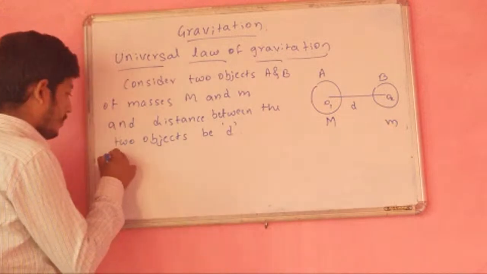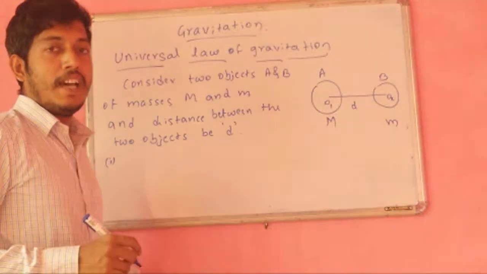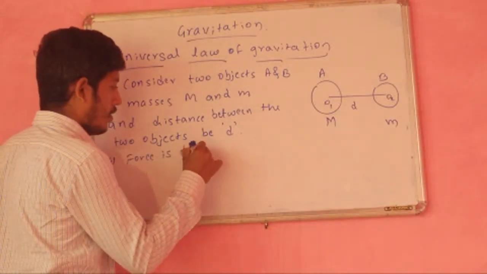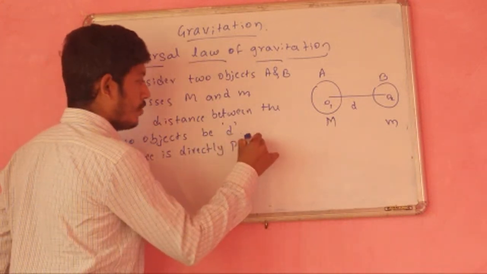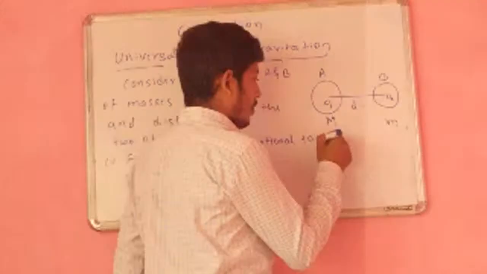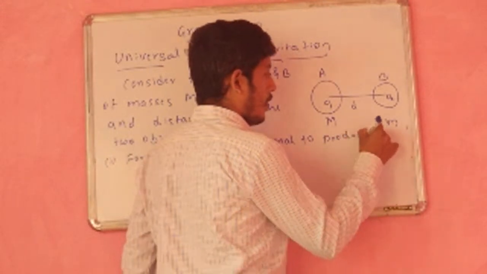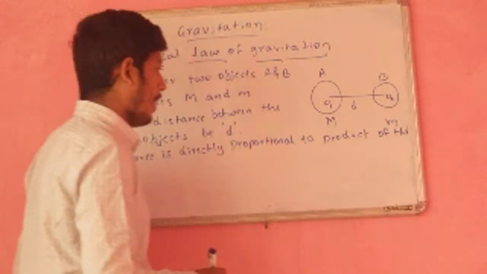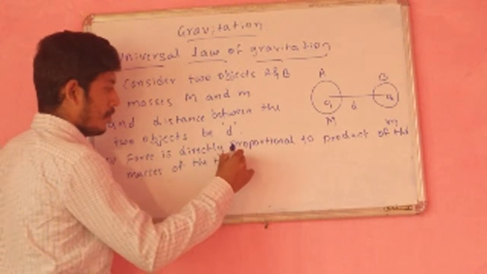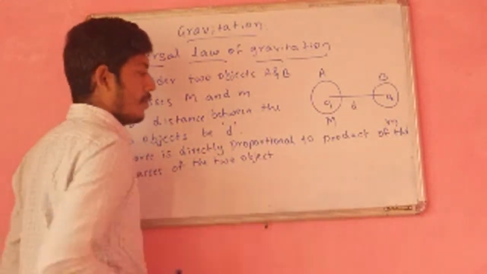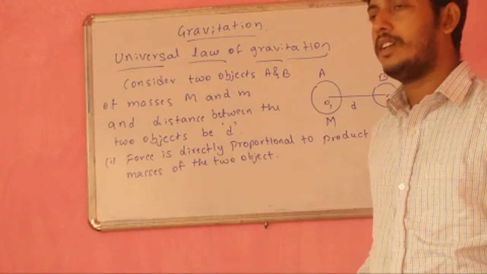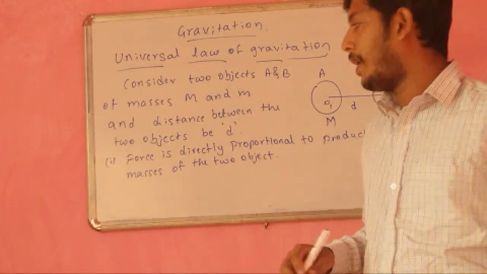First one: force is directly proportional to the product of the masses of the two objects.